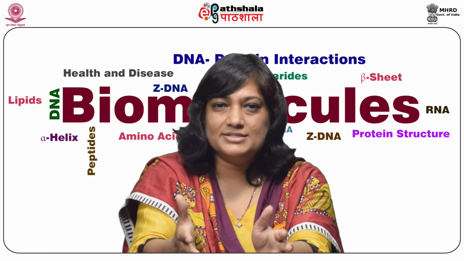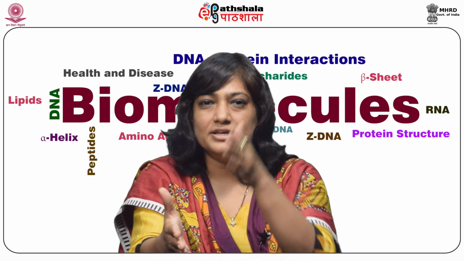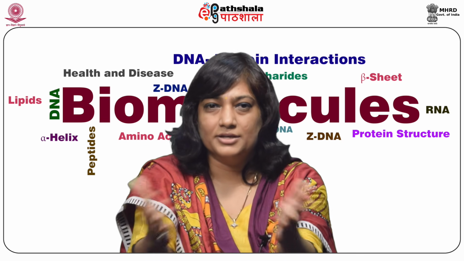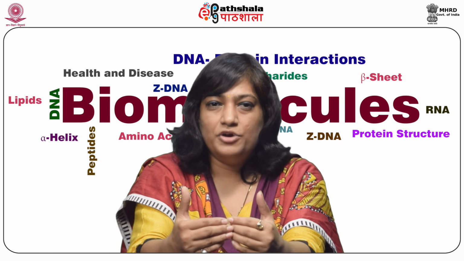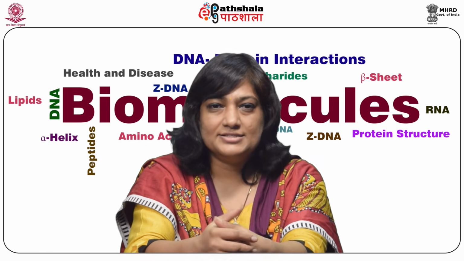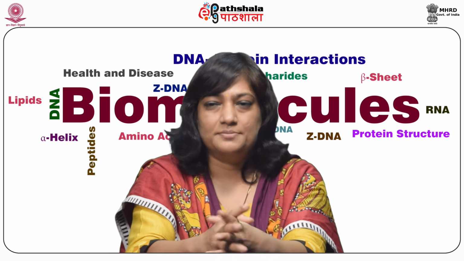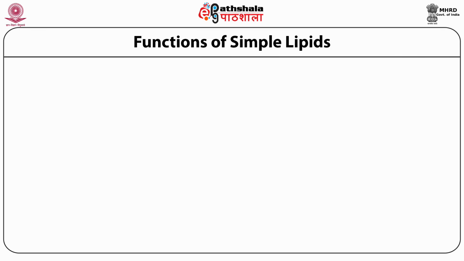Cerebrosides and gangliosides are a subtype of glycolipids. Glycolipid is a kind of conjugated lipid. Derived lipids would have cholesterol, steroid hormones, fatty acids, eicosanoids, etc. in this particular subtype. So let us have a look at one of the simple lipids, which is triacylglycerol.